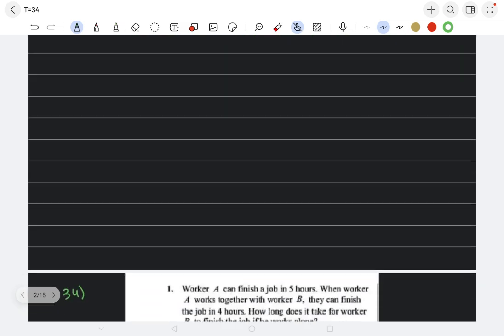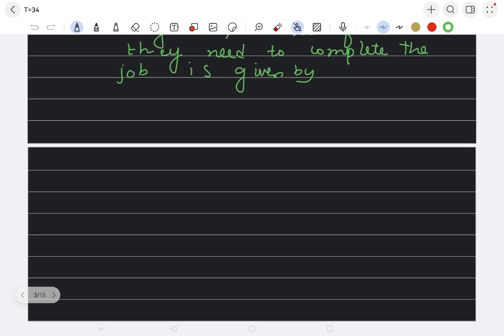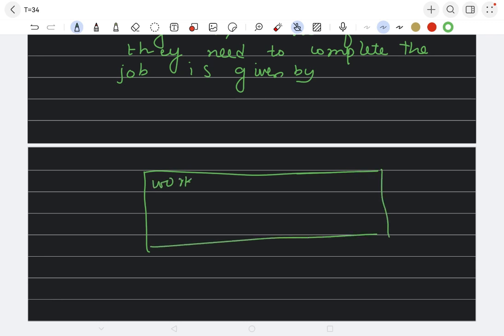Okay. First of all, I can make a table for you like this. You can see this is worker, this is rate, this is combined work rate, and actually this is time.